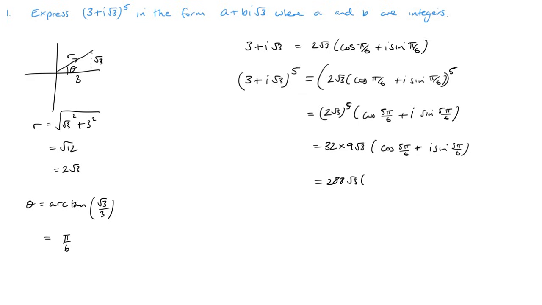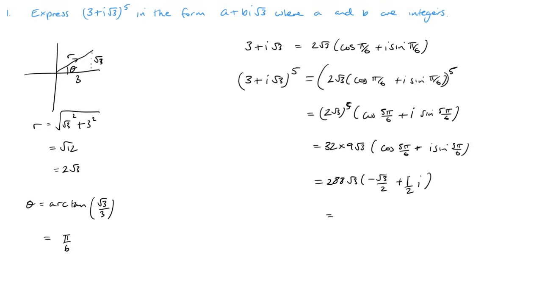Now cos of 5 pi by 6 is minus root 3 over 2, plus i sine 5 pi by 6 is a half. Let me turn this one into a half i. So what that means is, when I multiply these two together, the root 3s are going to go, aren't they? Because root 3 times root 3 is 3.